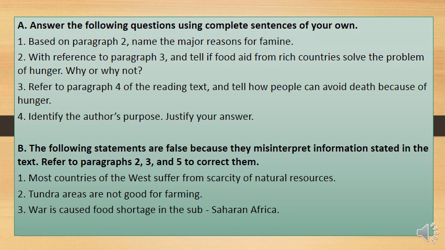So there are lots of measures that could be taken in order to avoid that. Another measure that could be taken is also distributing the food efficiently, and one other measure is that wealthier countries must help the poorer countries in order to benefit from their lands and plant. If we move to the fourth question, identify the author's purpose.